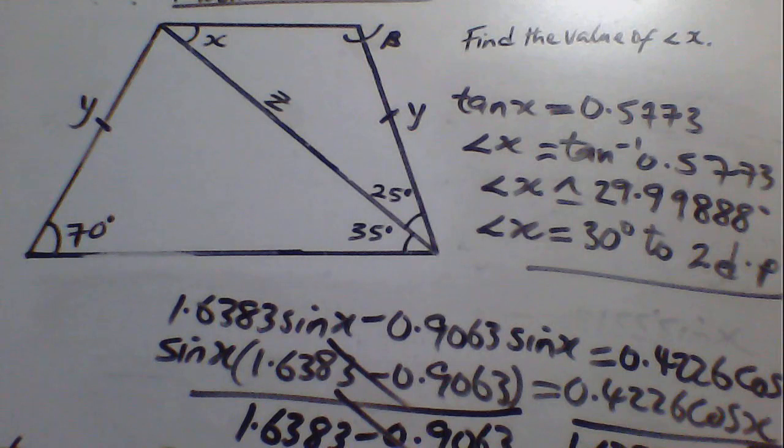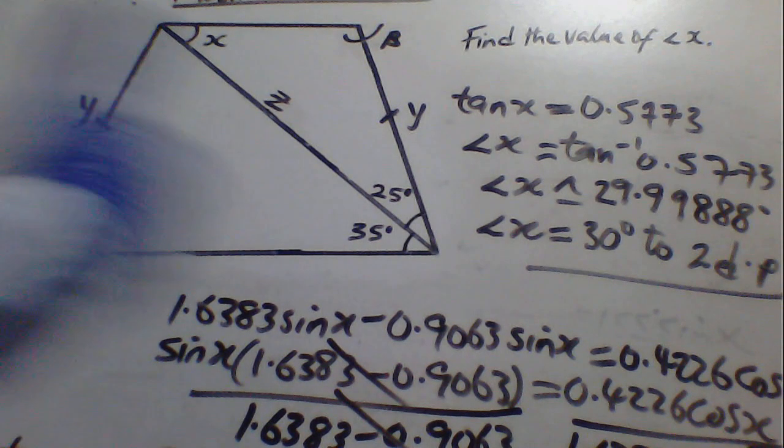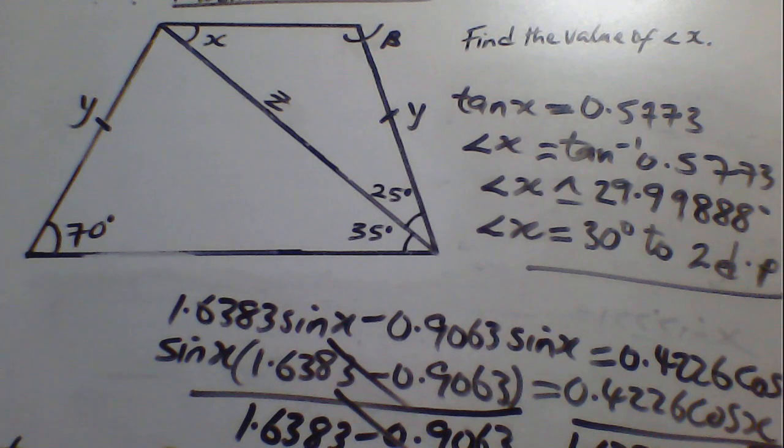This is equal to 30 degrees to 2 decimal places, or is 30 degrees, because during our approximation we approximate to 4 decimal places along the body of the solution.